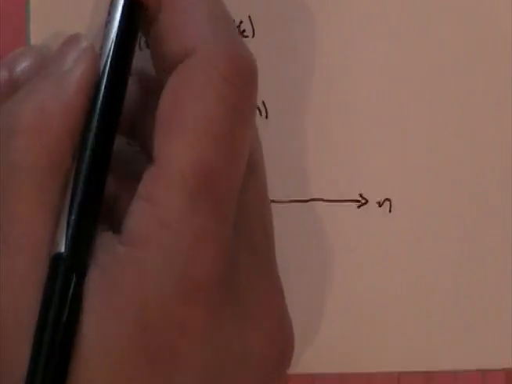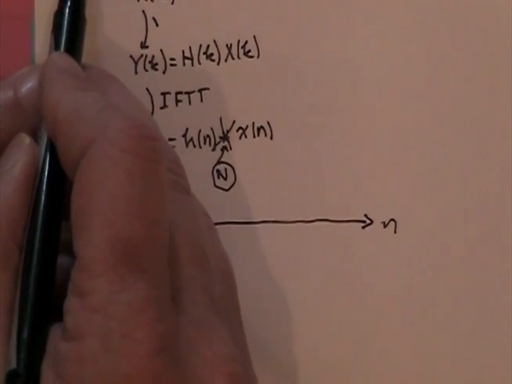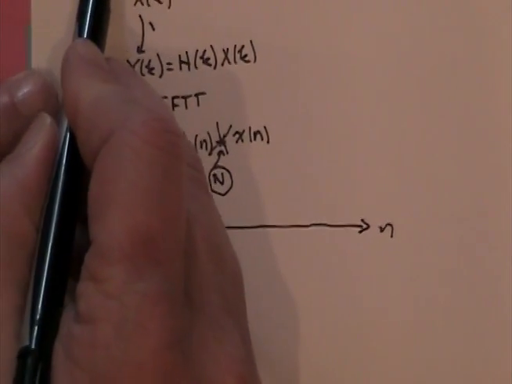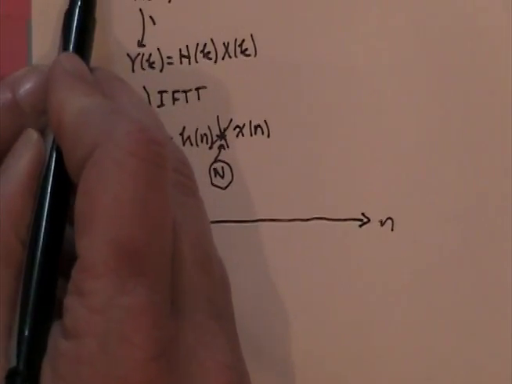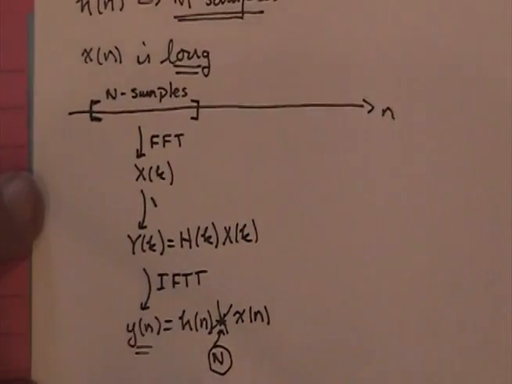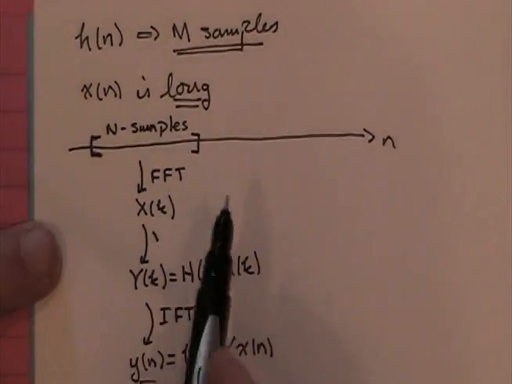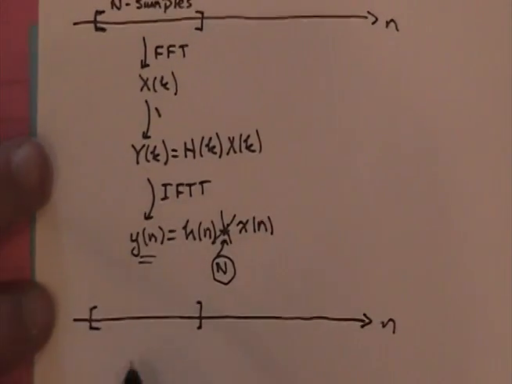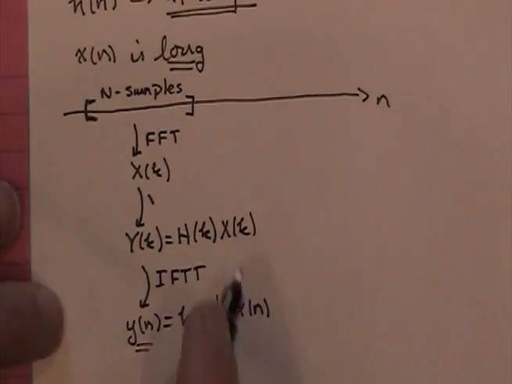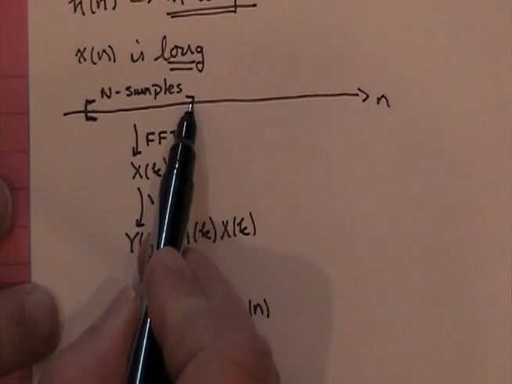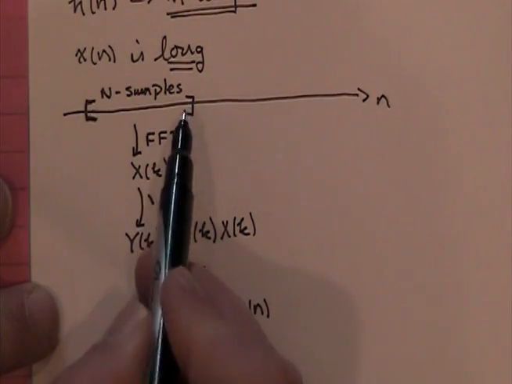Well, if h was m samples long and I do the convolution, the only time I run into trouble is right here at the start of the array, right? Let me say that again. If I look at calculating y of n here, this block of n samples corresponds to a time domain block of n samples up here in the x of n.